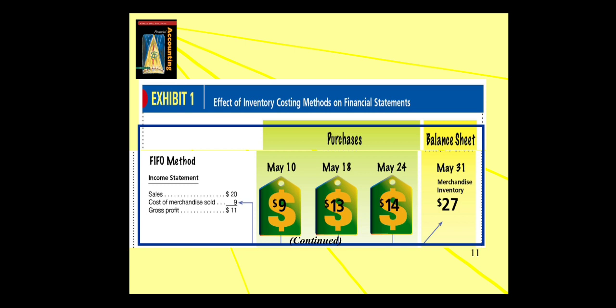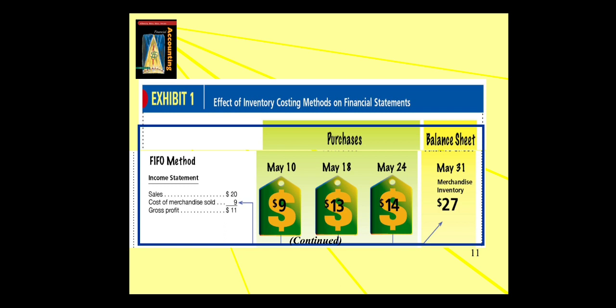If you use the FIFO method, first in, first out, the business assumes that the inventory that comes first will be sold first. So in this example, the cost of goods sold is $9, because that is the first inventory that goes in during the month of May.